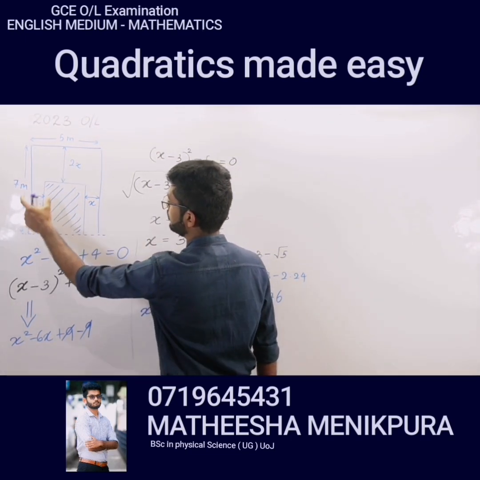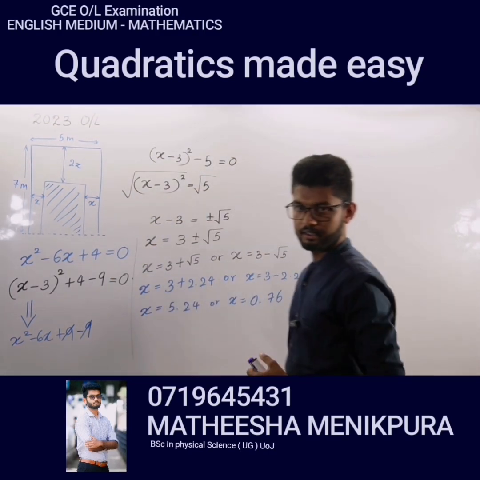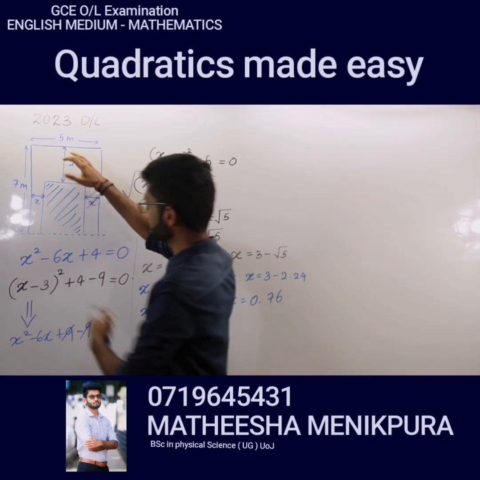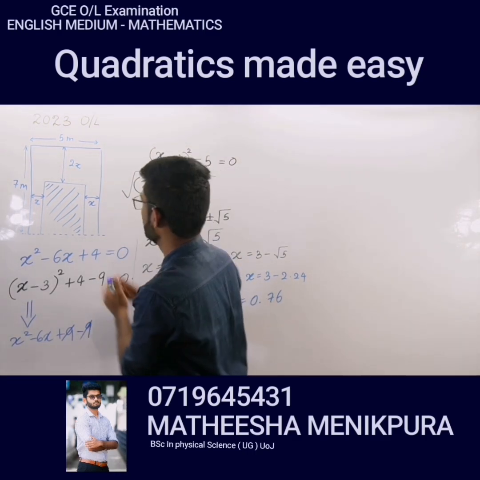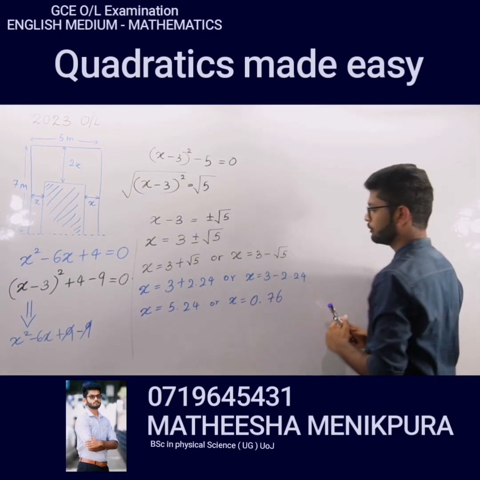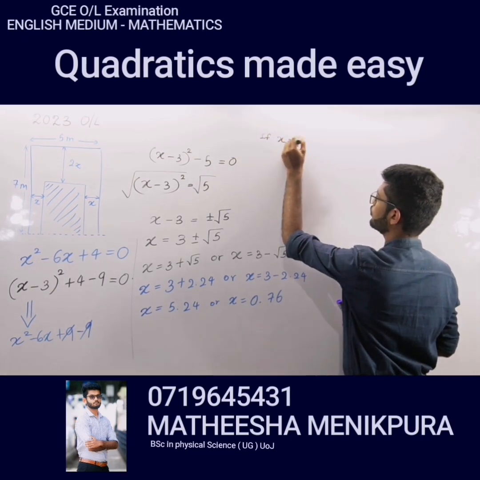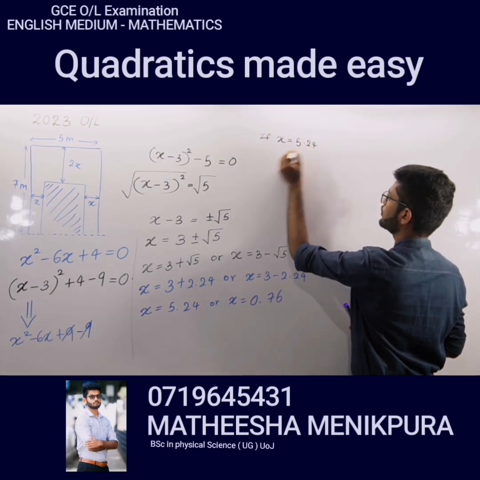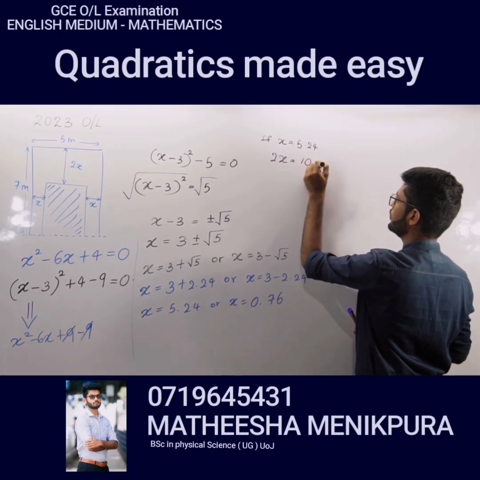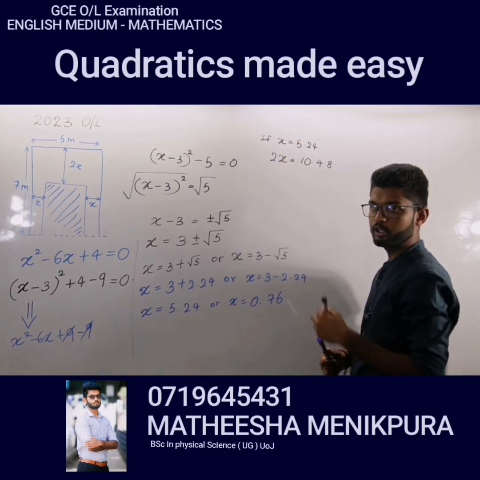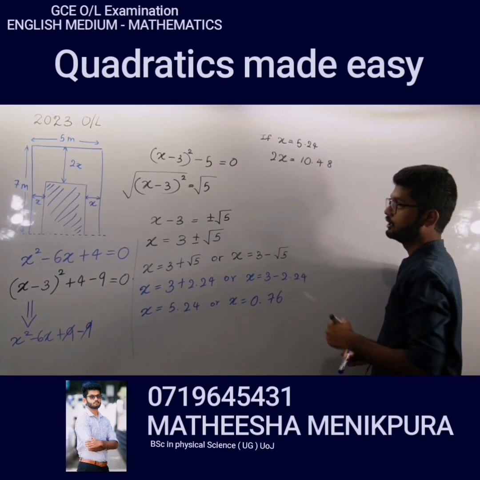See, in the diagram, this part is 2x and this total length is 7 meters. Therefore, if x is 5.24, 2x should be 10.48.